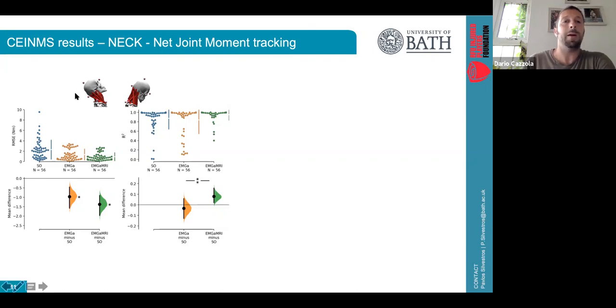As you can see here, I started with the flexion extension, and the set of graphs that you see here are showing how individual net joint moments across all the activities and trials that we had are performing in terms of root mean square error and R squared. Here below you can see a distribution of the data and how the EMG-assisted and EMG-assisted MRI are performing with respect to the static optimization.